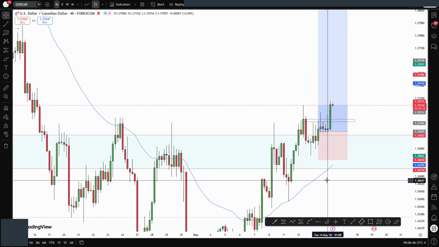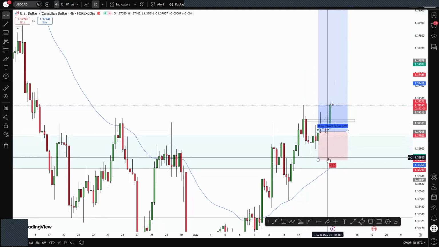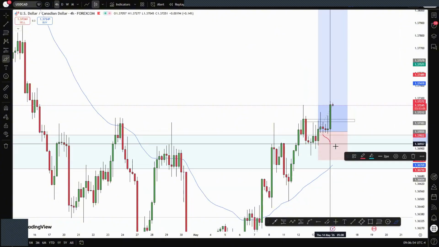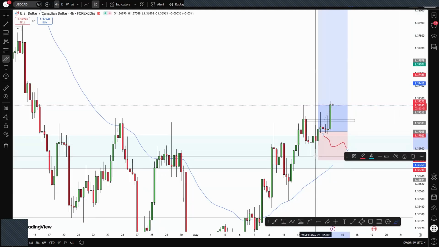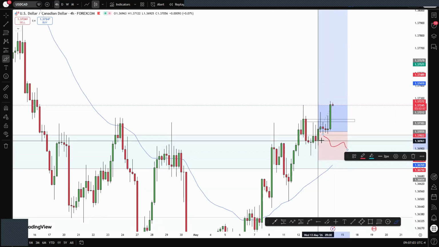Because if the trade is right, the trade will rarely come back to this level. You see? If the trade is correct, it just goes straight with maybe a bit of drawdown and it pushes up.